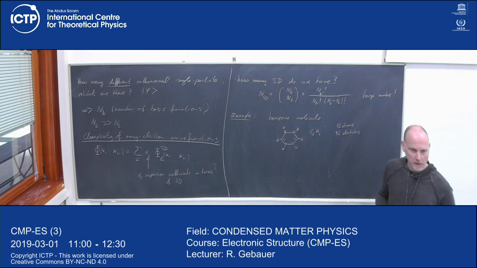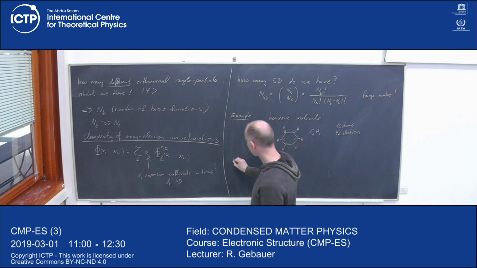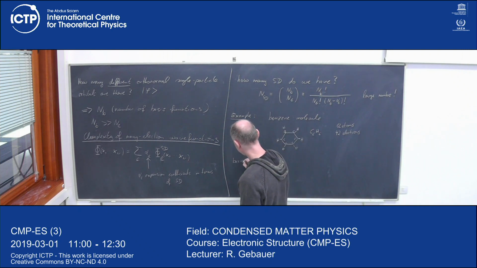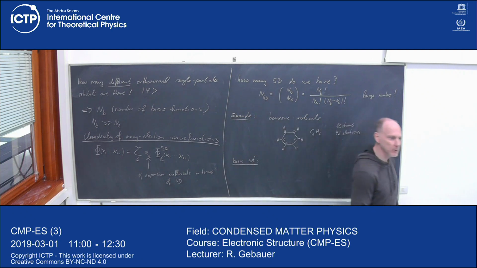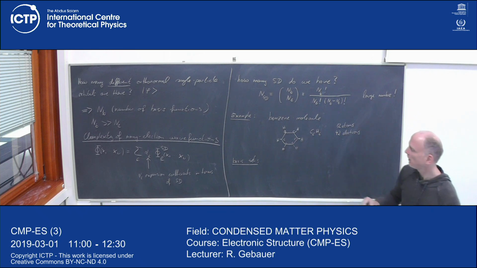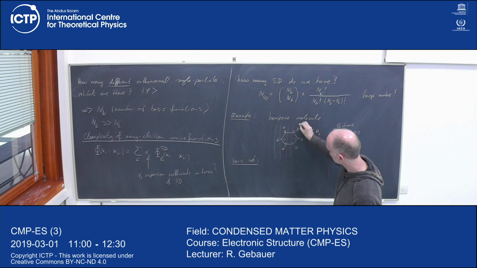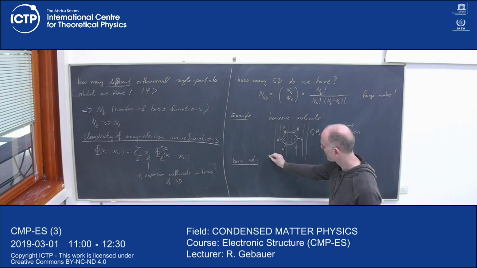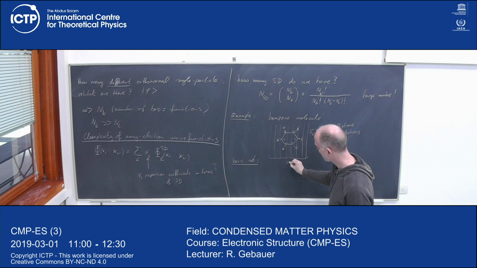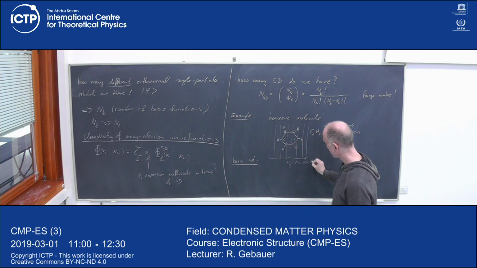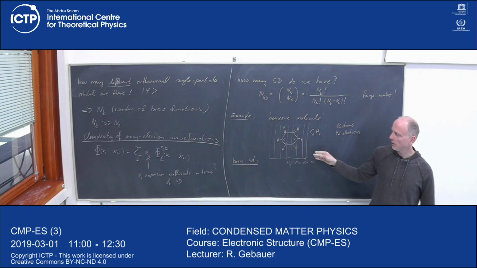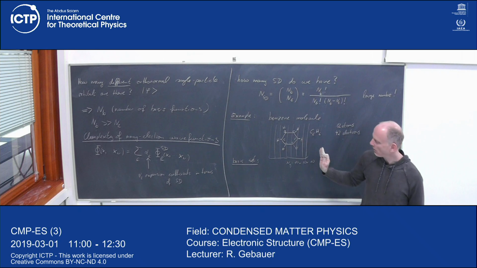Now we must choose a basis set. Imagine we would like to solve this with a grid in real space. We take a very coarse mesh, 10 points in each direction, so the grid is 10 times 10 times 10. You put this molecule in a box, and we represent our wave function with 10 points in each spatial direction.